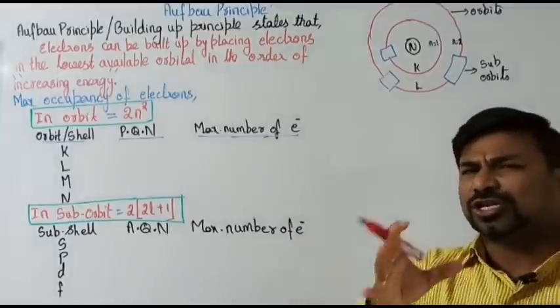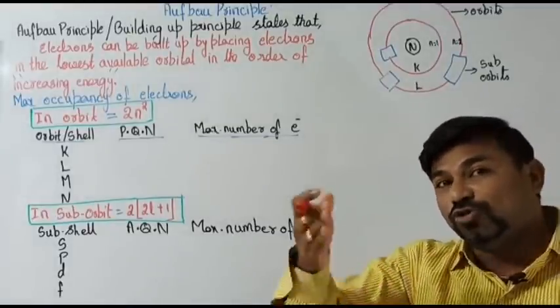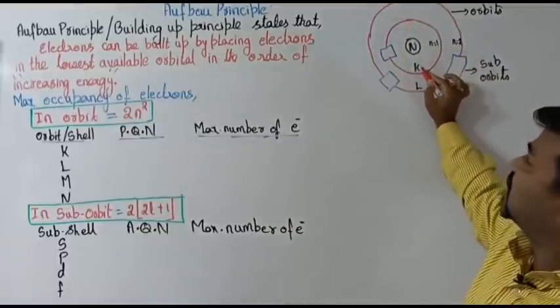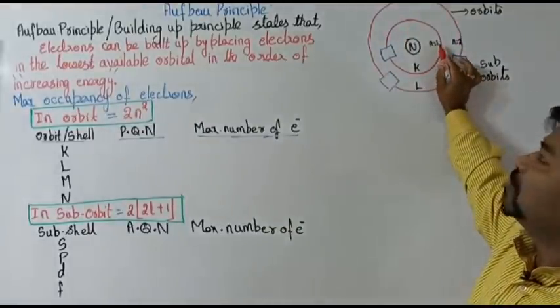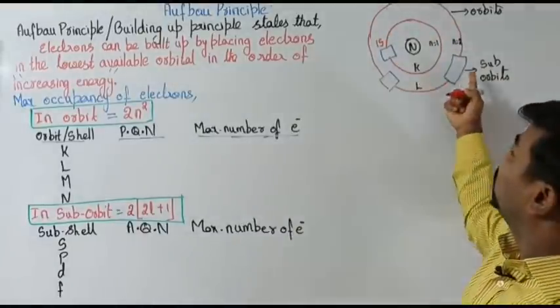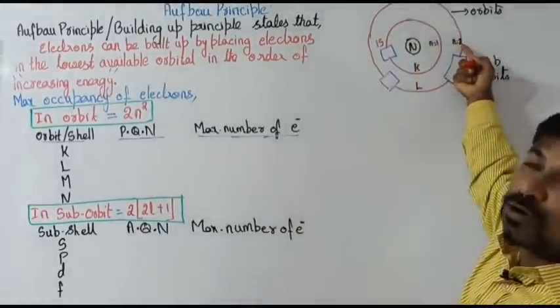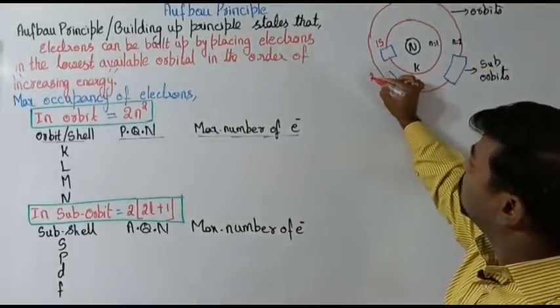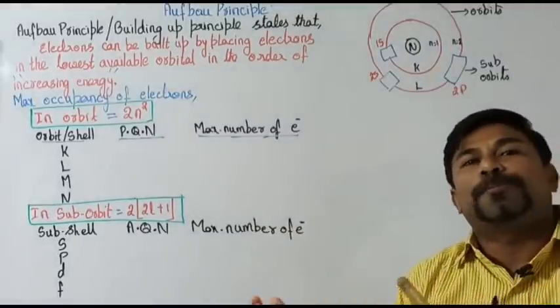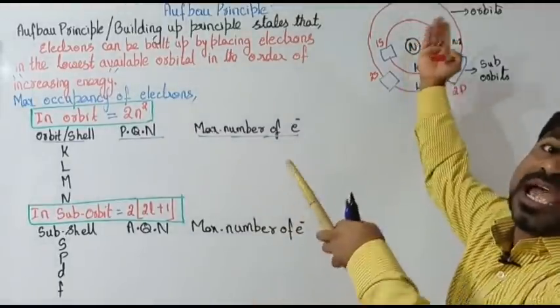That is the general idea, but there are certain rules on this. If you observe, in the first orbit, the K shell, the principal quantum number is 1, so we will have the 1s orbital. In the same way, in the second orbit, as n is equal to 2, we have 2s and 2p. We continue in the same way with orbits and orbitals, shells and subshells.